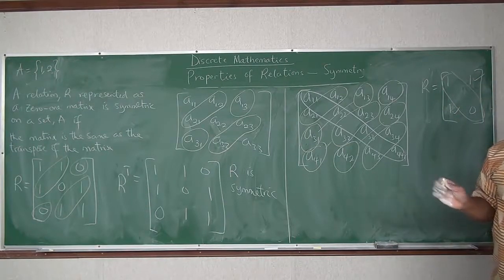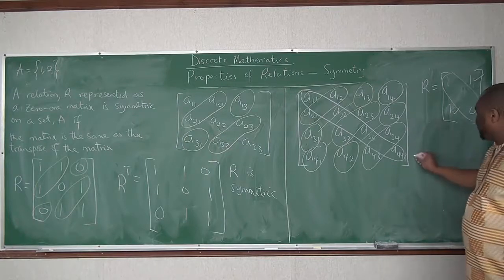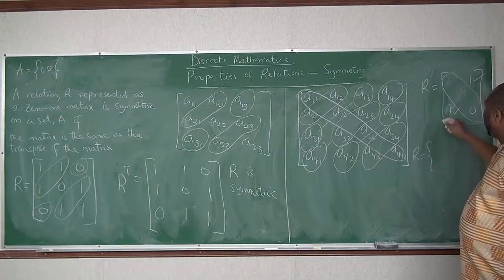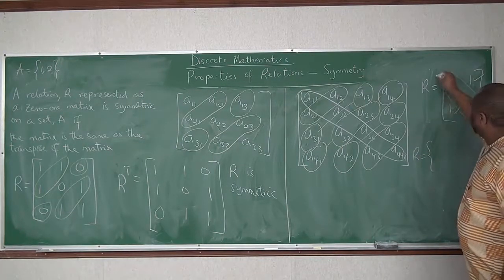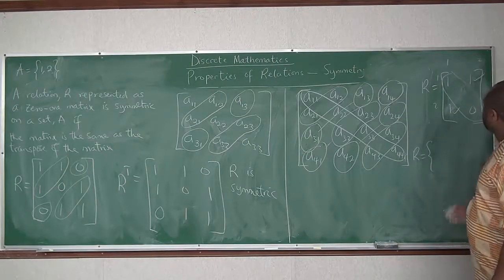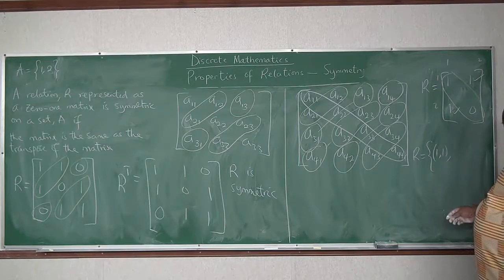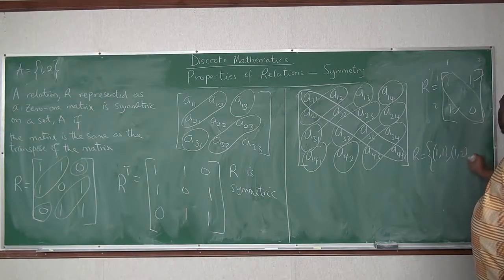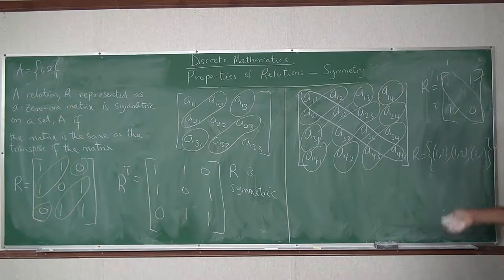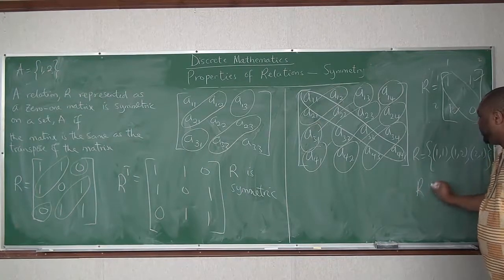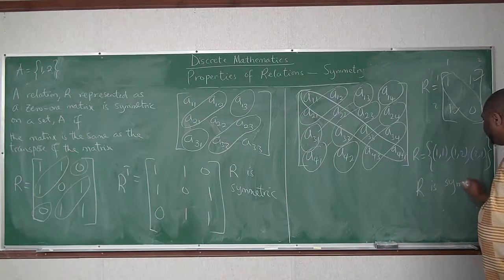That is it. Because if you were representing arrow, you would have 1, 1, you would have 1, 2, you would have 2, 1. Okay? And arrow is still symmetric.